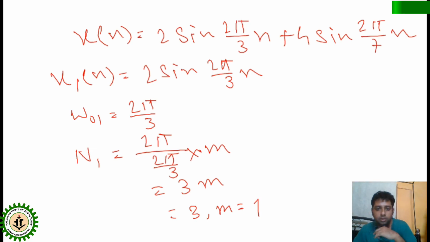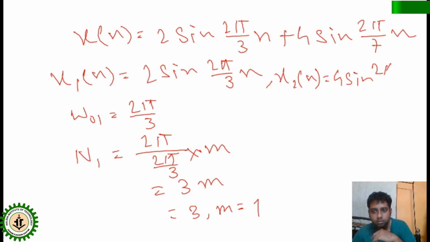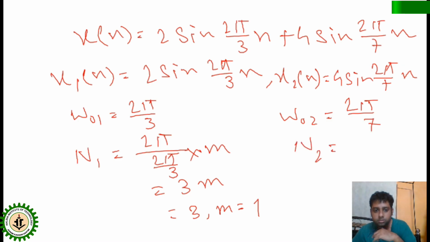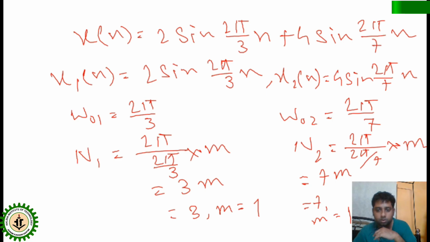Similarly, x2n is 4 sine 2 pi by 7n. Now omega naught 2, that is the frequency, is 2 pi by 7. n2 is 2 pi divided by 2 pi by 7 into m, and from there it will be 7m, that is equal to 7 when m is equal to 1.